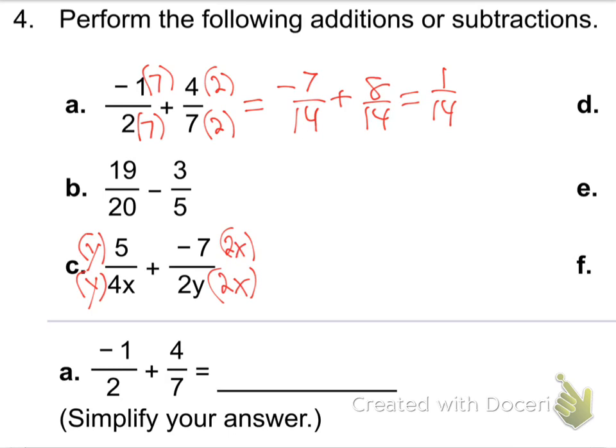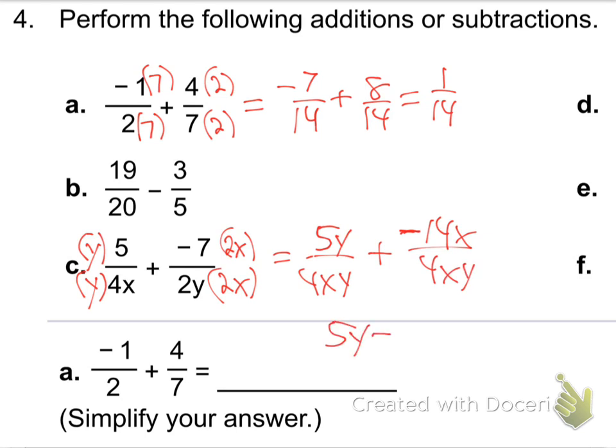That'll make both of them 4xy. Does that make sense? And so then we'll get 5y over 4xy plus negative 14x over 4xy. And then you can just put them together. 5y minus 14x over 4xy. Is that good? You okay with the letters?